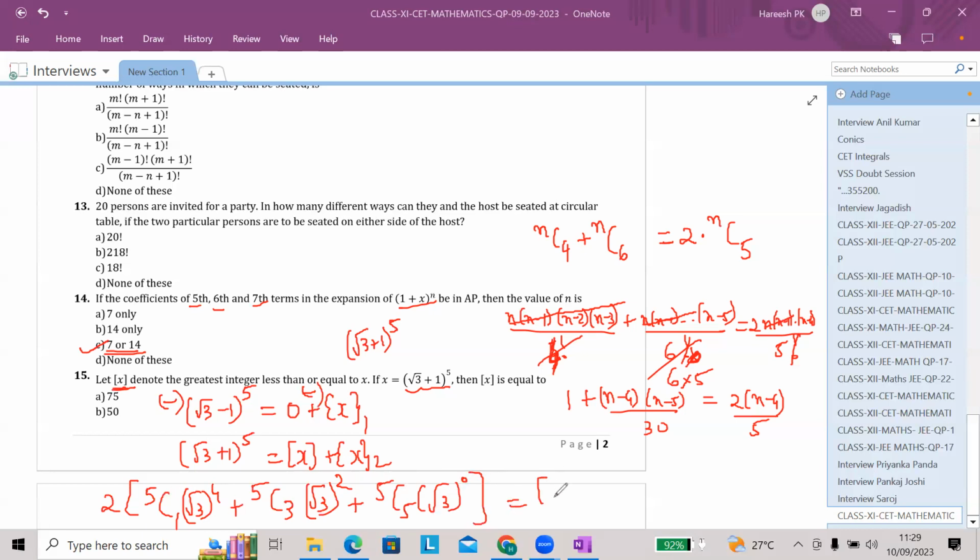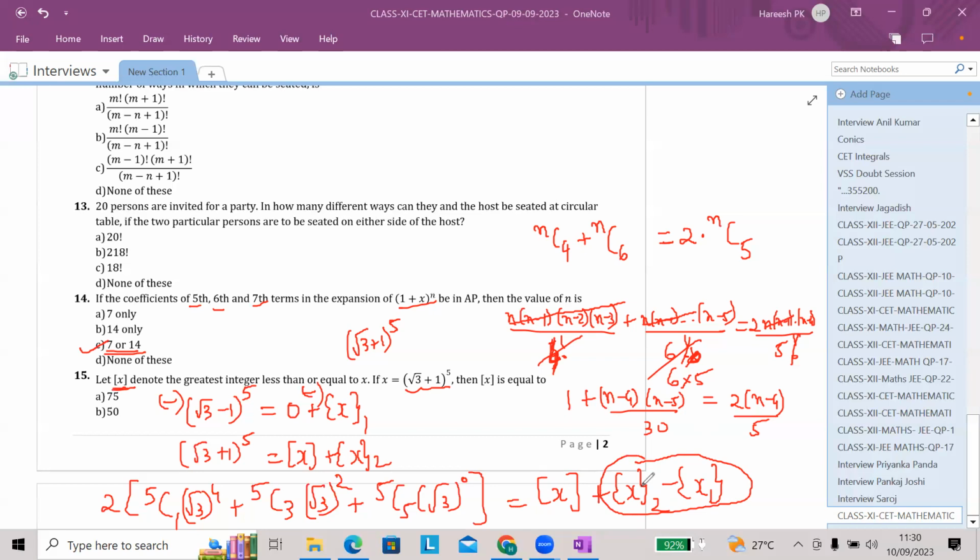And on the RHS, I'll have greatest integer of x plus fractional part of x2 minus fractional part of x1. Now, because the LHS is purely an integer, the RHS must also be an integer. That means these two fractional parts must get cancelled or add up to give an integer.